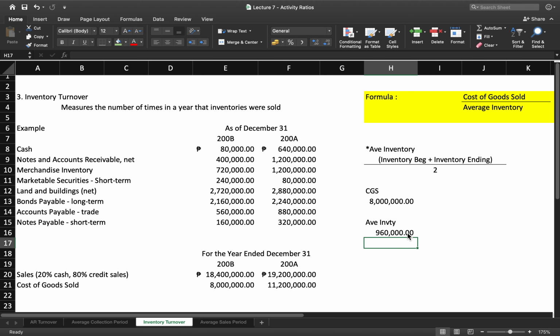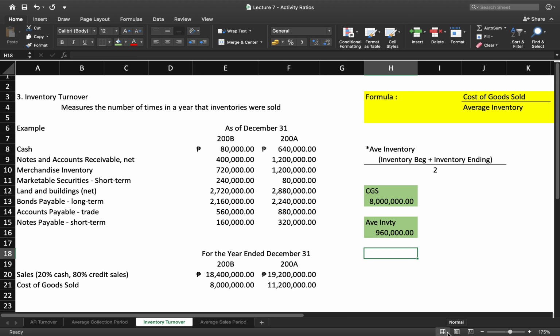Wait lang. Okay. So, since we have accomplished, we were successful in identifying the parts of our formula, then I think we may now be able to solve for the inventory turnover. So again, it is a number of times in a year that inventories were sold.